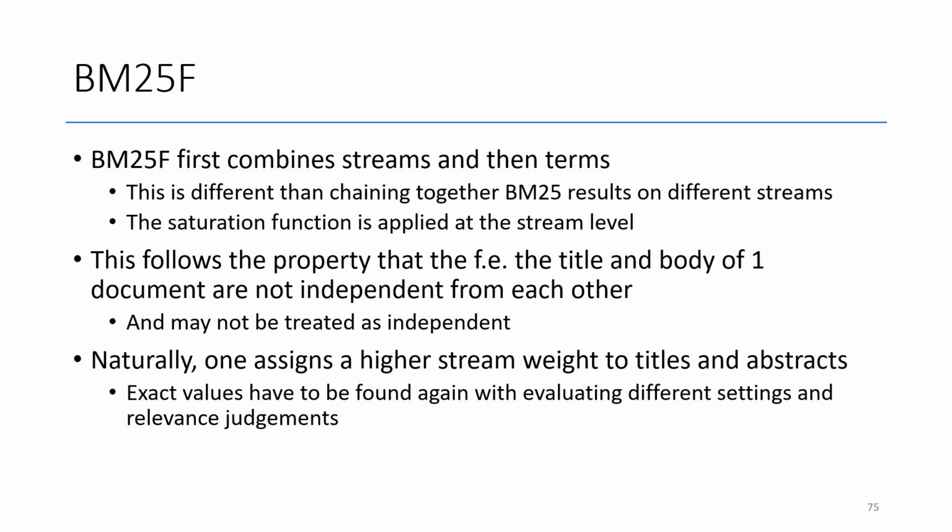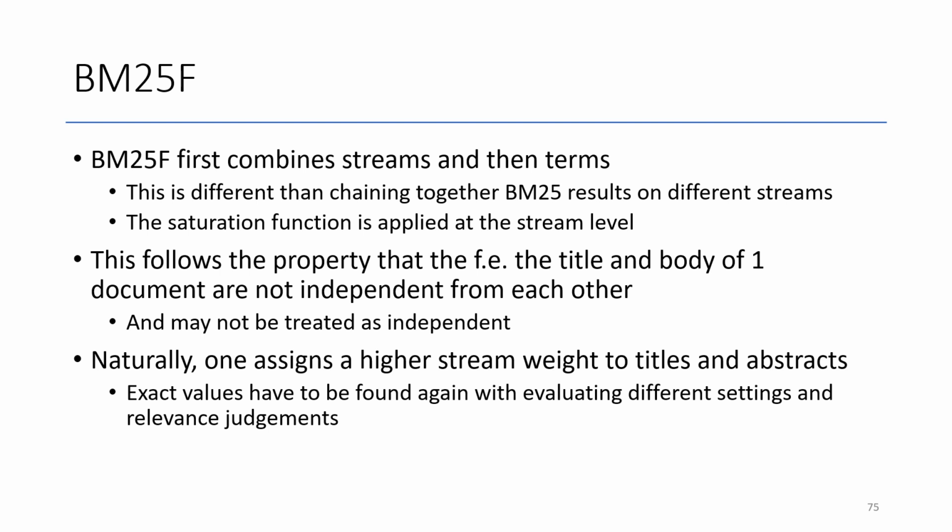In BM25F, we first combine the streams and then the terms. So this is different than just chaining together BM25 results on different streams. And the saturation function is applied at the stream level. So this follows the property that title and body are not independent from each other, and they should not be treated as independent.